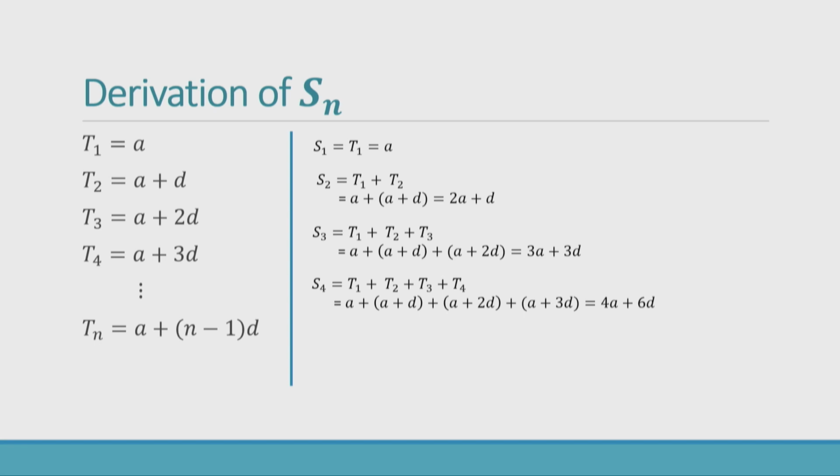Simplifying, we get 4a plus 6d. But obviously, we cannot keep on finding the different sums in this way. So we come up with the formula Sn, which is the sum of the first n terms, and the formula is n over 2 into (2a plus (n minus 1) into d).